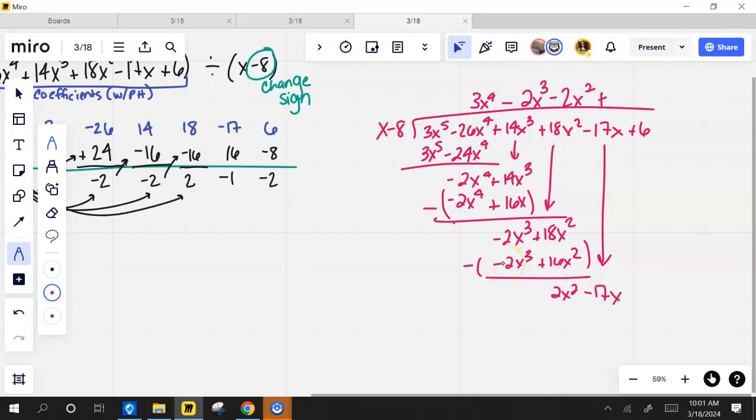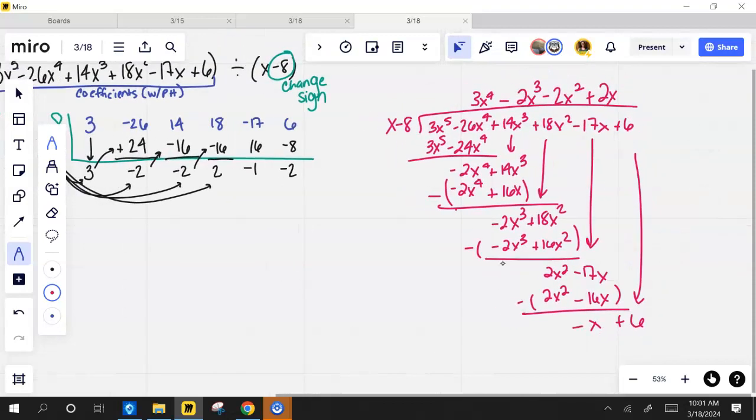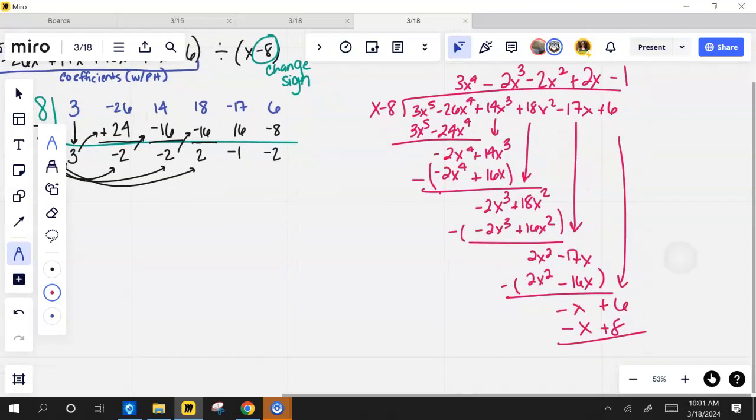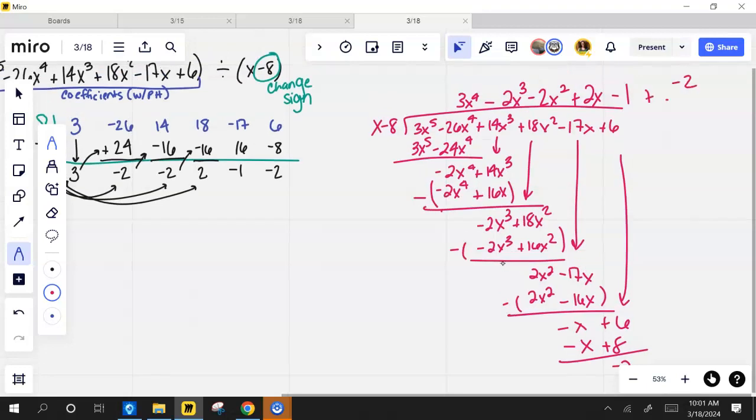What do I need up top? 2x. 2x squared minus 16x. 1x plus 6. What do I need up top? Oops, that's negative. Negative 1. That leaves me with a remainder of negative 2 over x minus 8.